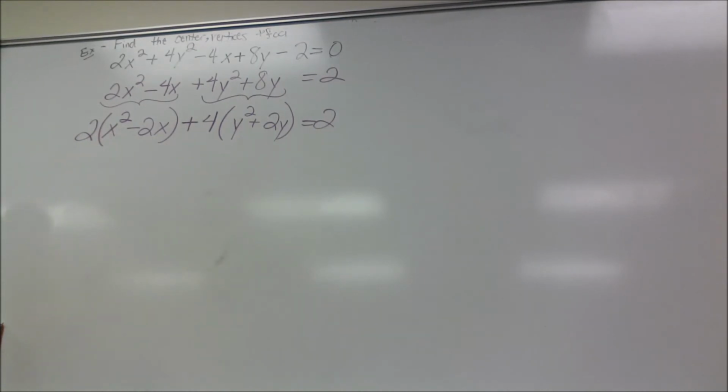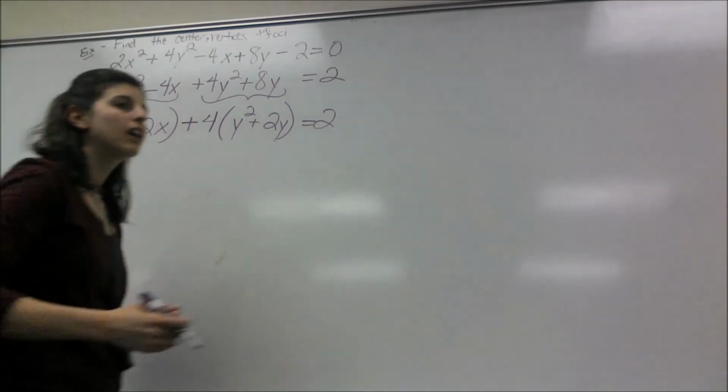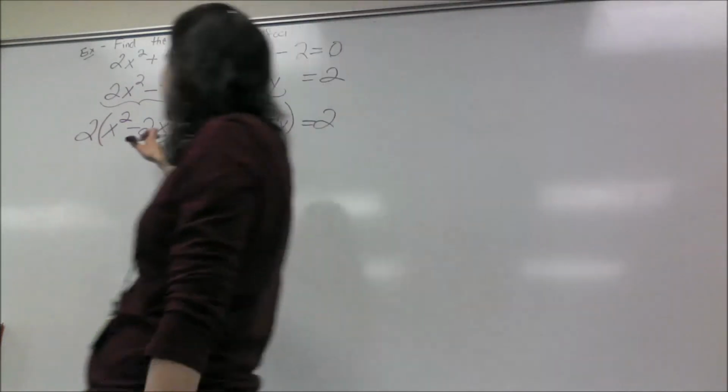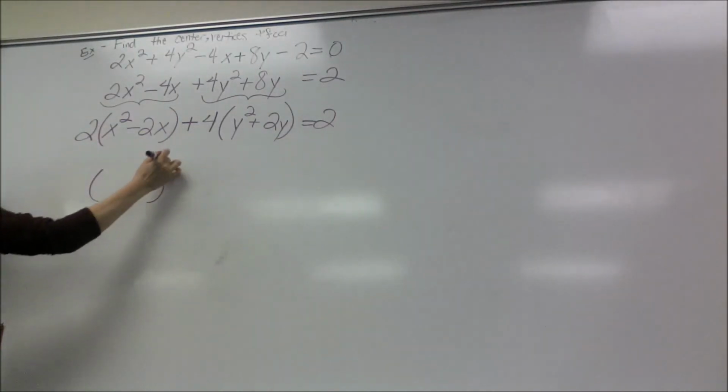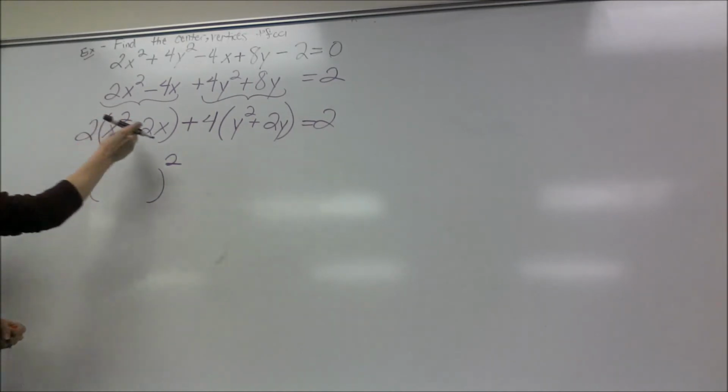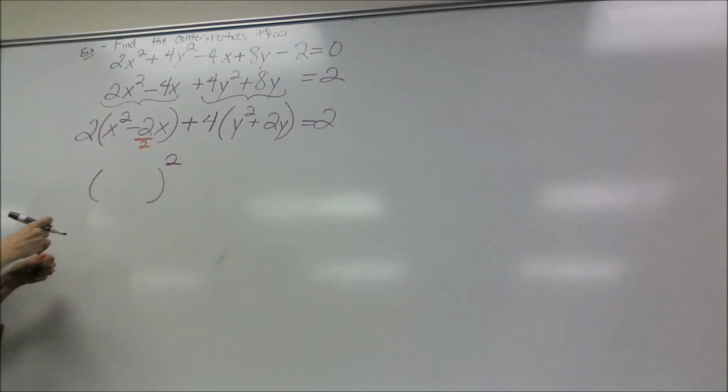Now, ladies and gentlemen, you need to complete the square at this point. Okay, so what perfect square factor group gives me 2x for a middle term? X minus 1. Yeah, you take that thing and you split it in half.